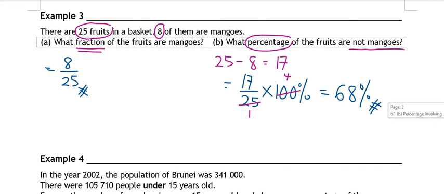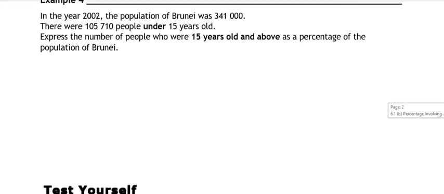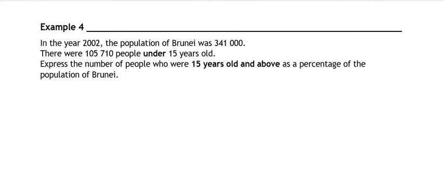Okay, last but not least, the final example 4. In the year 2002, the population of Brunei was 341,000, and there were 105,710 people who were under 15 years old.